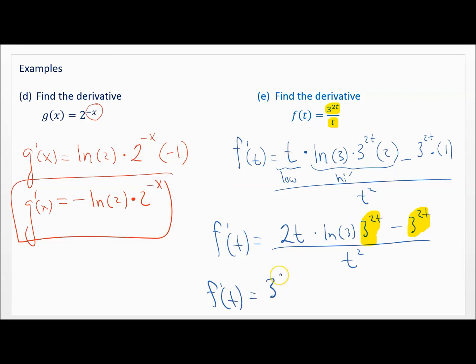So 3 to the 2t times 2 natural log of 3, that t is still there, minus 1 over t squared. And that is the final simplified version of that derivative.